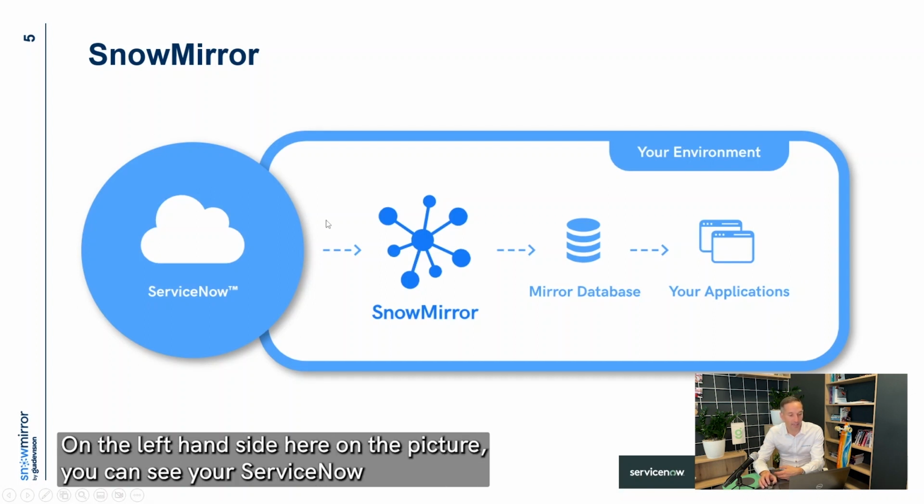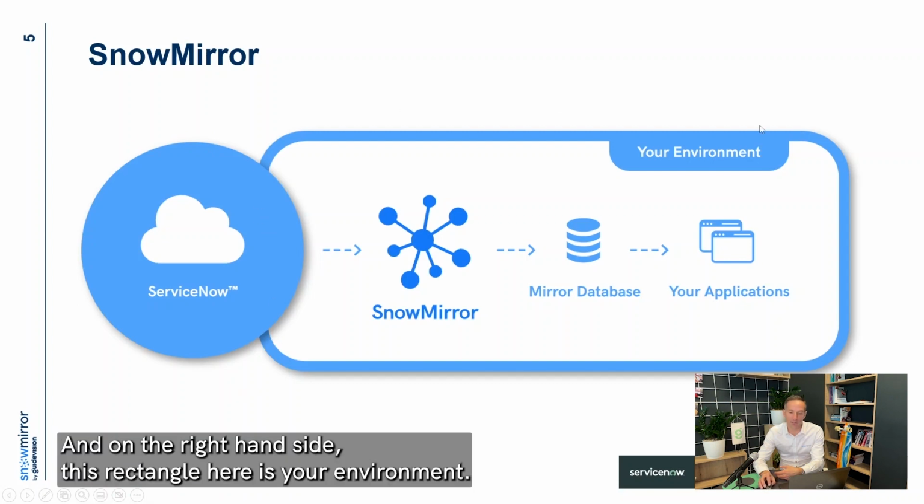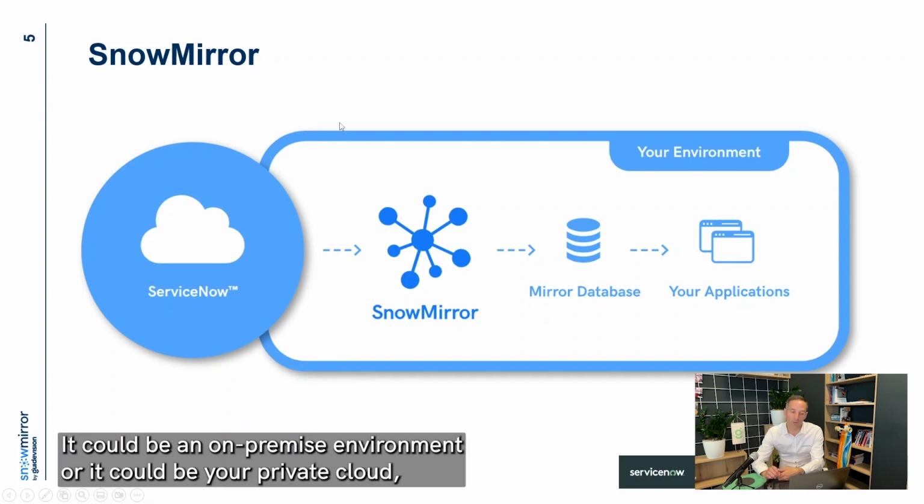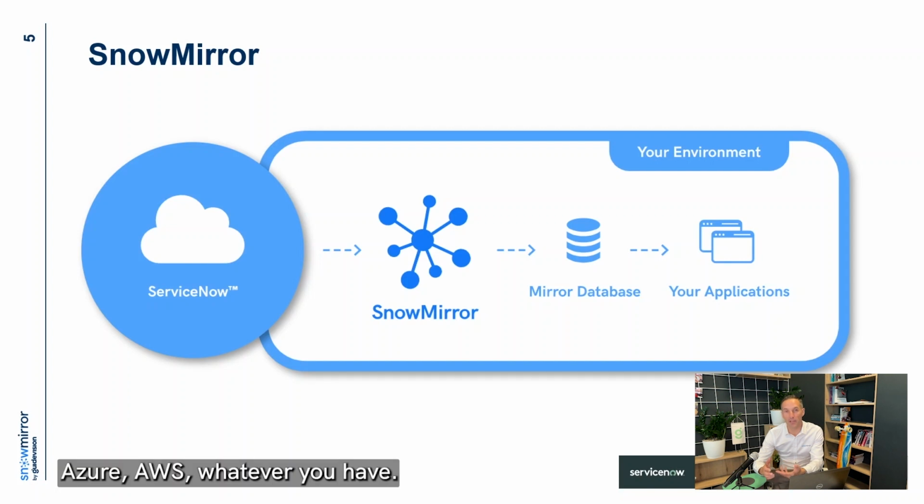On the left-hand side, here on the picture, you can see your ServiceNow cloud instance. And on the right-hand side, this rectangle here is your environment. It could be an on-premise environment, or it could be your private cloud, Azure, AWS, whatever you have.